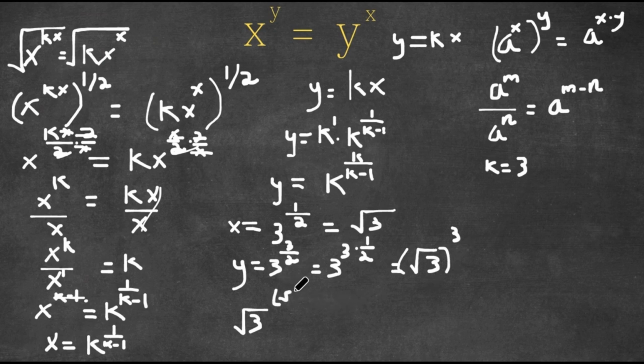So the square root of 3 to the power of 3. And this is equal to y, the square root of 3 to the power of 3, and x is the square root of 3.